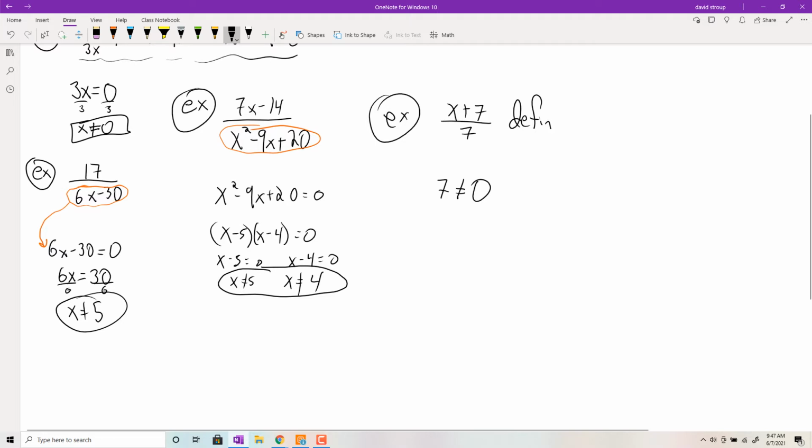So x plus 7 over 7 is defined for all real numbers. I don't know if there's a short way of saying it, really. Just say it works for all numbers. Well, let's say defined for all real numbers, I guess is what you're going to have to say. Okay, let's look at another one.